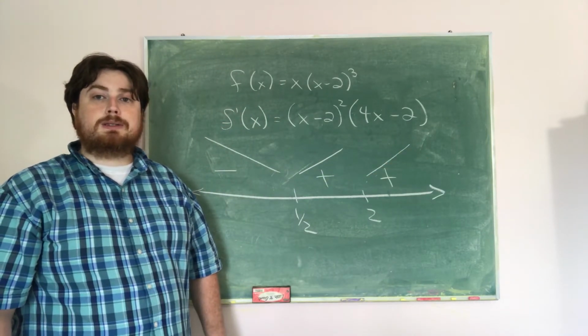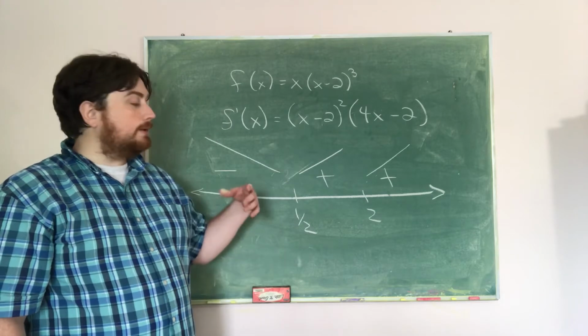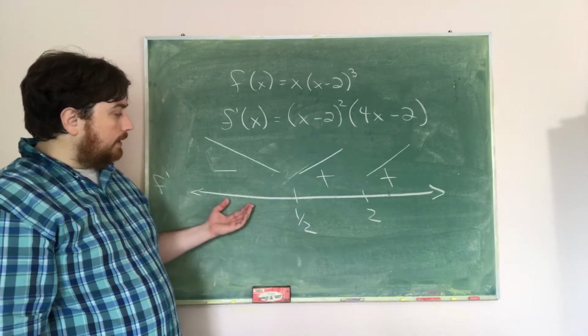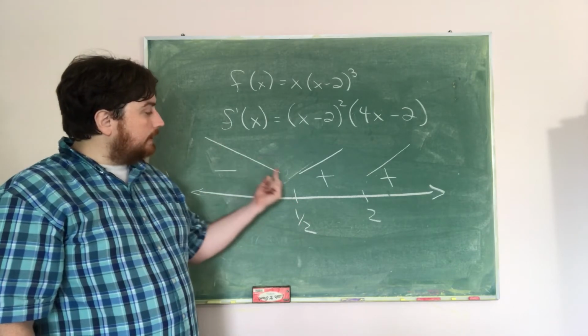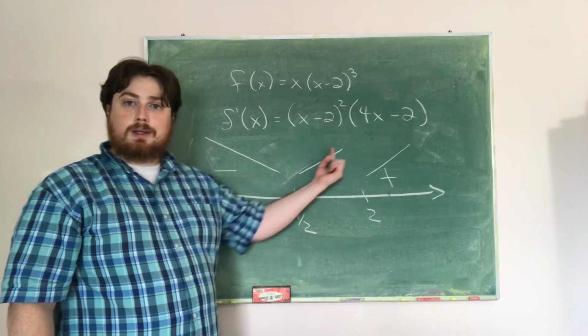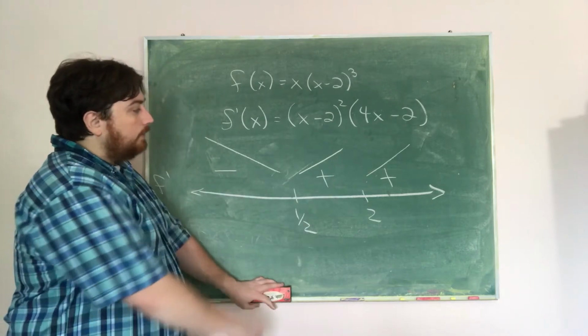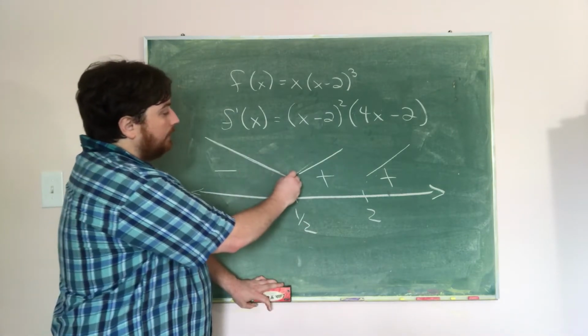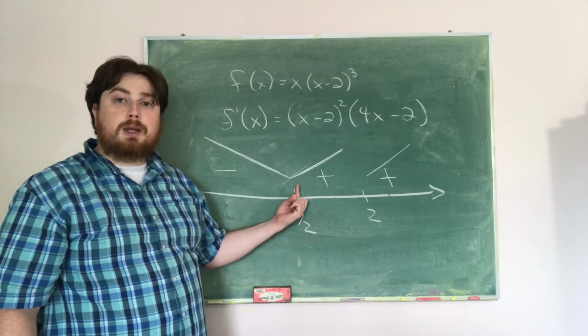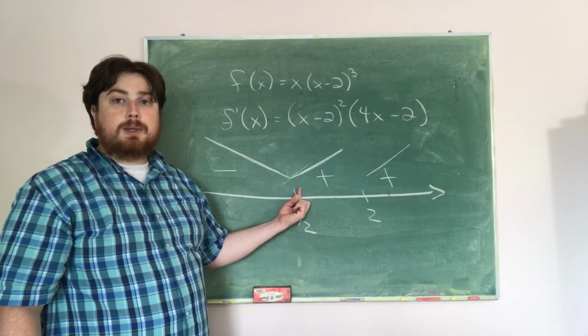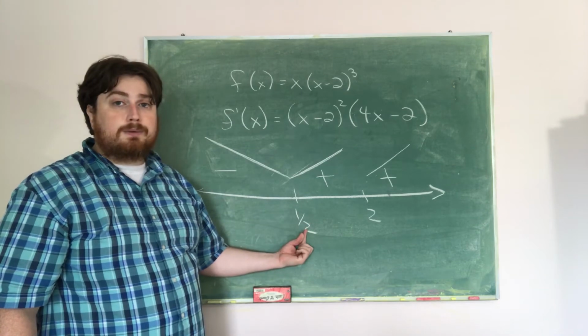Now the reason why I'm doing this is I need to determine if my critical values are going to give me extrema. And so what I look at here is that at 1/2, notice that the function is going to decrease till we get to 1/2 and then increase afterwards. So if we imagine the graph, it's going to decrease and then increase. So what has to happen here is that we have to have a local minimum at the point x equals 1/2.